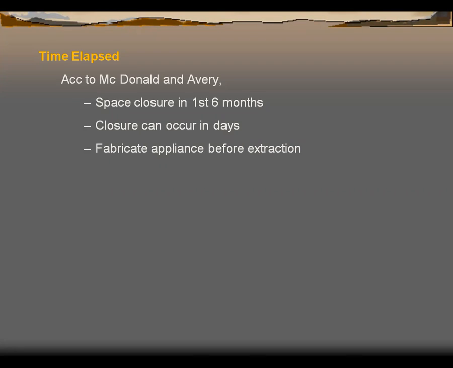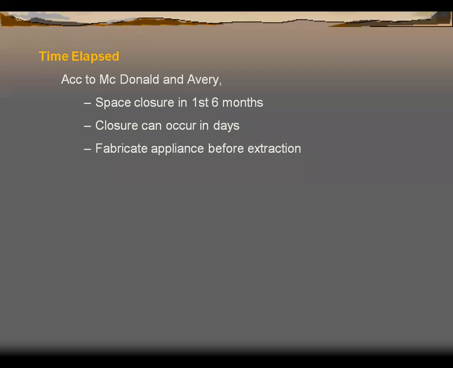Okay. And the closure can occur in days. If you delay in giving space maintenance for 8 days, or 15 days, or 30 days, then you can see some space closure in those days. So the space closure can occur in days.